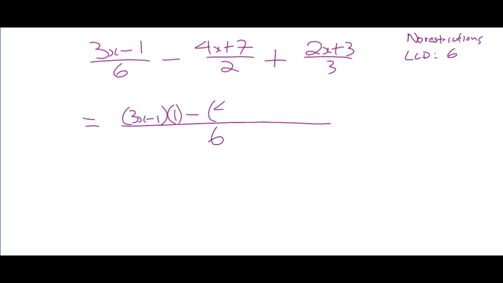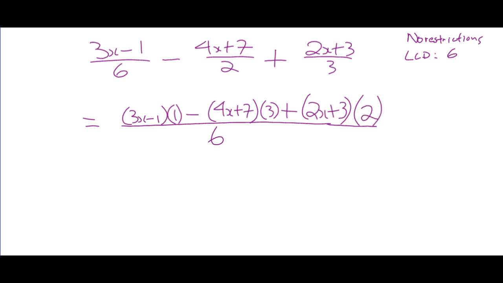Minus, the next expression is 4x plus 7. Now, the 4x plus 7 is over a 2. What am I going to do to it to make it over a 6? Multiply by 3, right? So we're going to go times 3. Plus, the next expression is 2x plus 3. And what does it need?